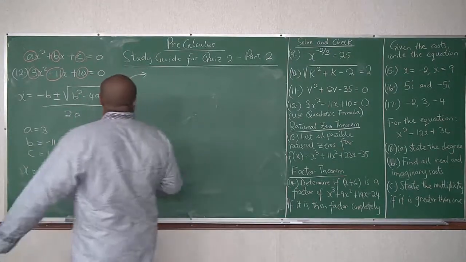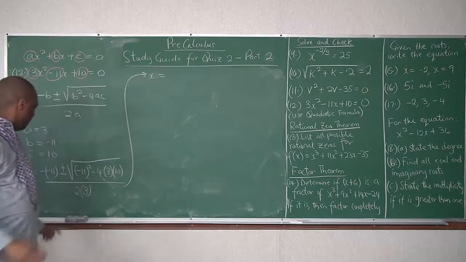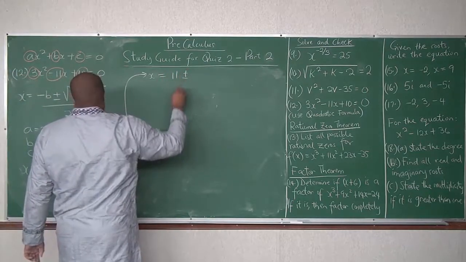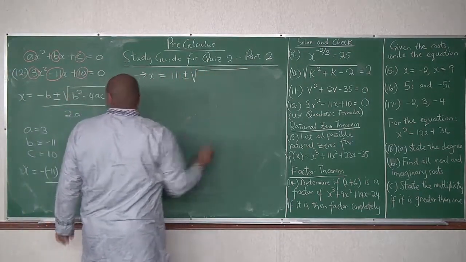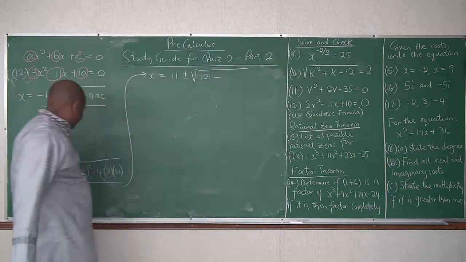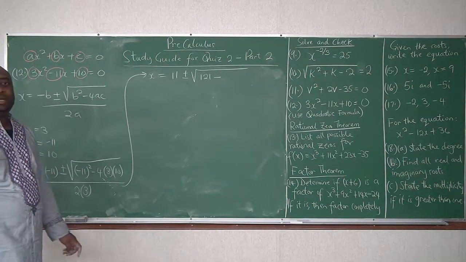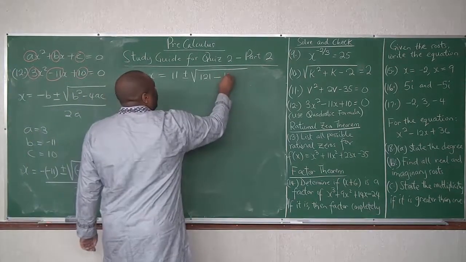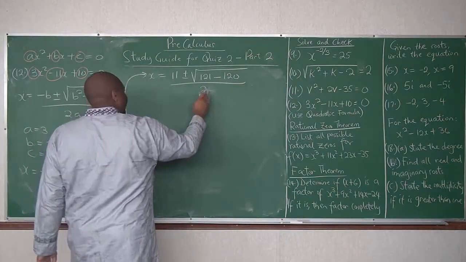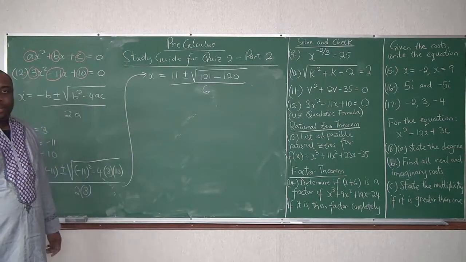We now have that x is equal to 11 plus or minus the square root of 121 minus 4 times 3, 12, times 10, 120, all over 2a, 2 times 3, 6. Okay?